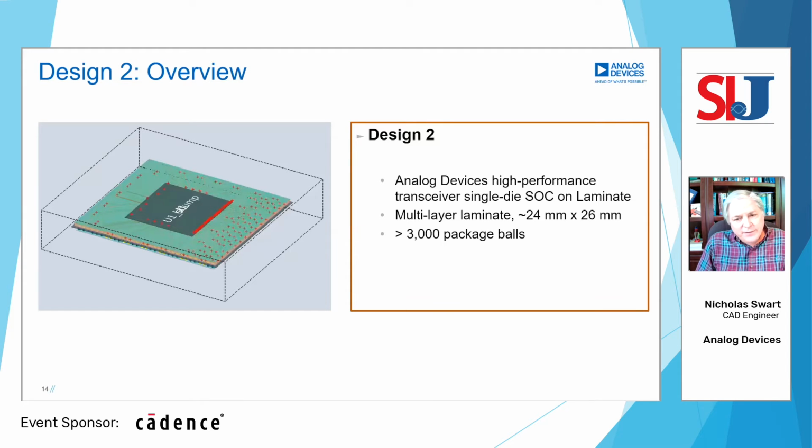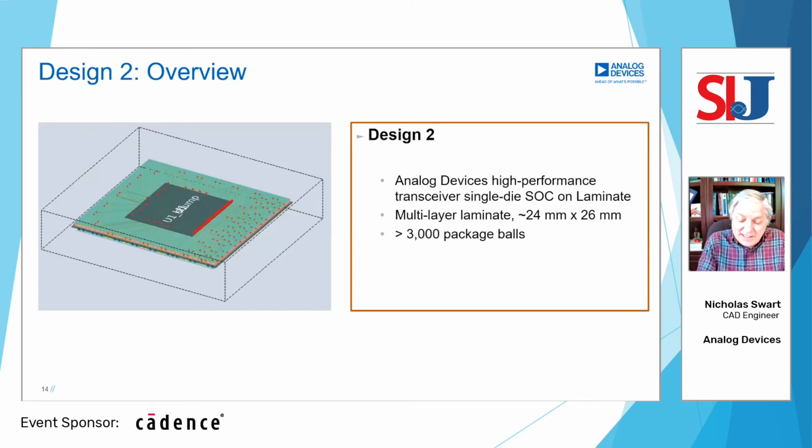And this is one of the most complicated laminates that ADI has ever designed. And it's almost 3 centimeters by 3 centimeters in size. And we decided to see whether we could simulate this entire laminate in Clarity. And this is not something we would normally even contemplate in Analog with the electromagnetic simulators we have.